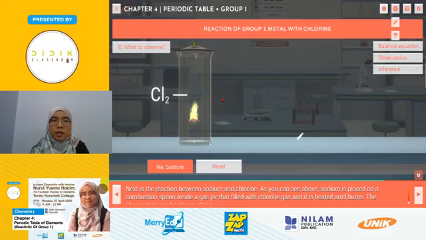Sodium is a reactive metal towards chlorine. Sodium reacts with chlorine to produce sodium chloride. When sodium reacts with oxygen, it produces sodium oxide. Now, sodium reacts with chlorine to produce sodium chloride.